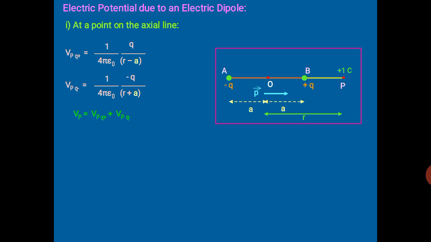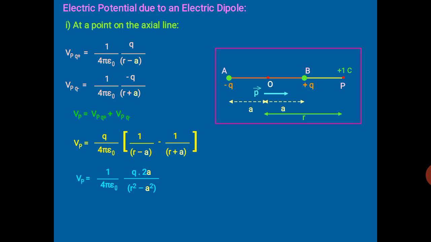Okay, so now by adding these two, q divided by 4 pi epsilon naught is common, take it outside. We can write inside the bracket 1 upon r minus a minus 1 upon r plus a. By taking the LCM and simplifying, we get 1 upon 4 pi epsilon naught q into 2a divided by r minus a into r plus a, which is r square minus a square. Q into 2a is the dipole moment, as all of you know.